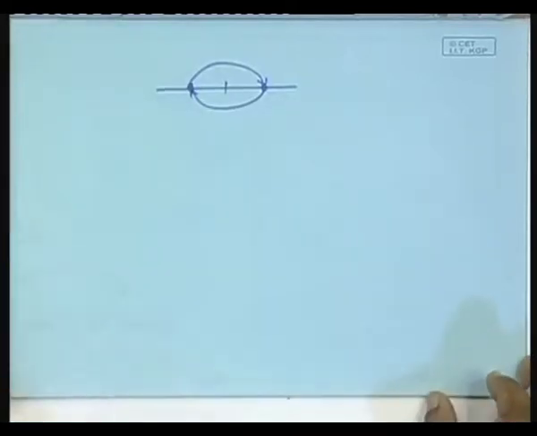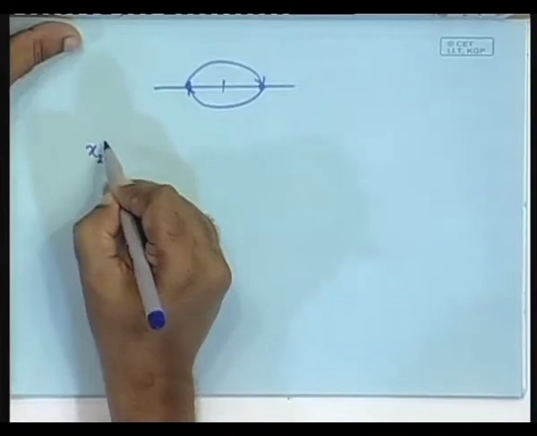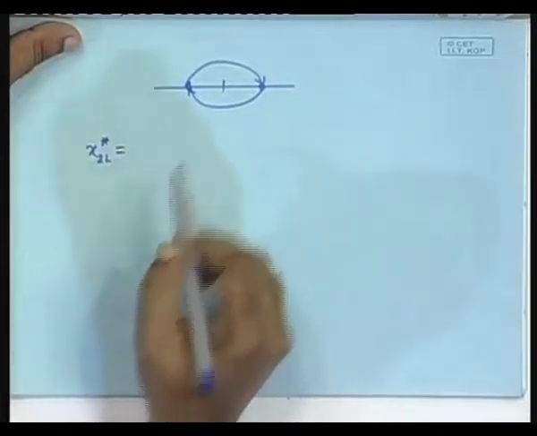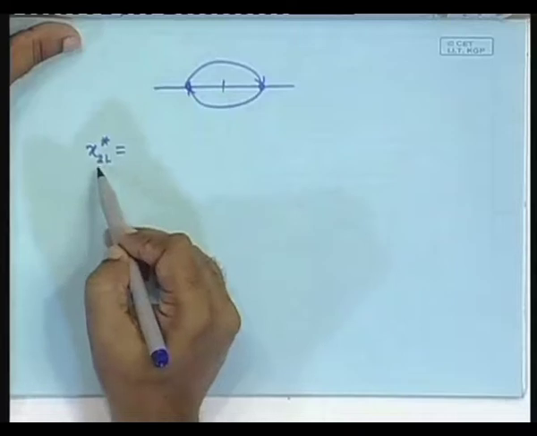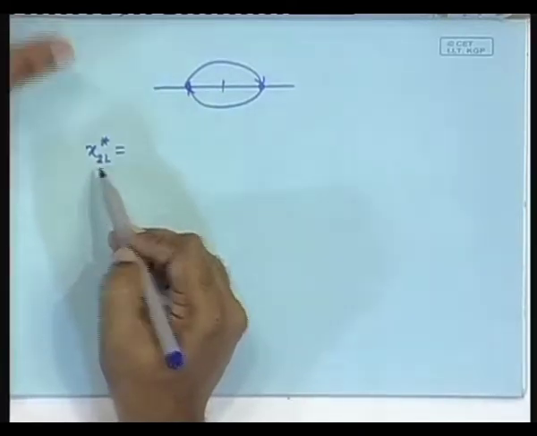If you solve, you will get x 2 l star, the one that is in the left hand side, x 2, that means it is a fixed point of the second iterate map.